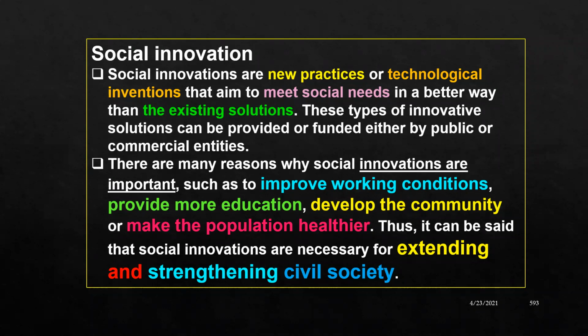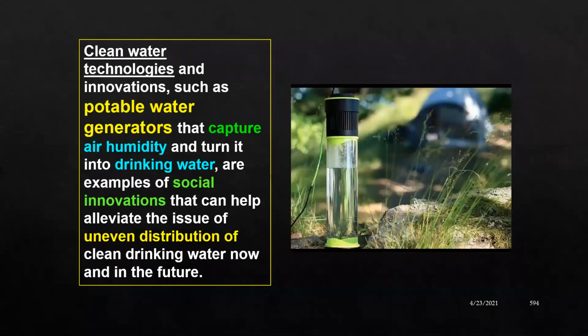We need to give them jobs. We need to give them life. We need to give them motivation. Otherwise, what happens? The whole world becomes robots, right? And even the robots want to be like humans in industry 5.0. So we need to provide a lot of innovations that can influence the quality of life, such as clean water.